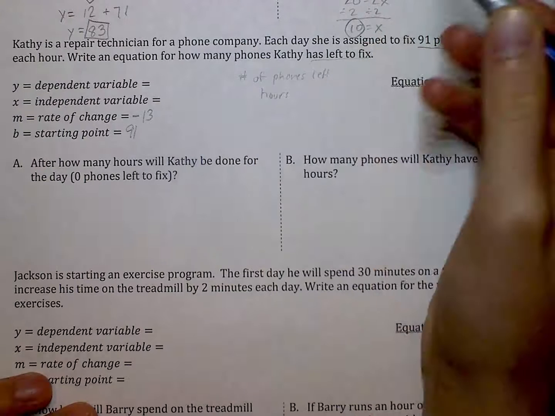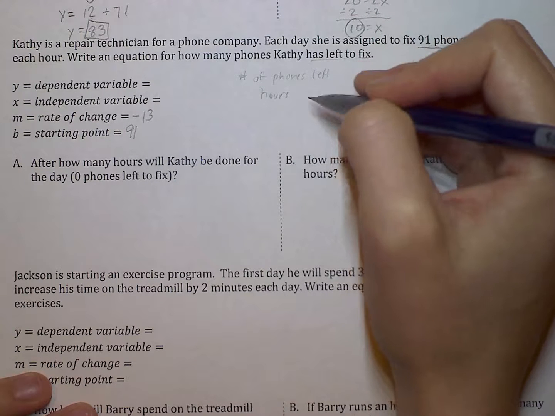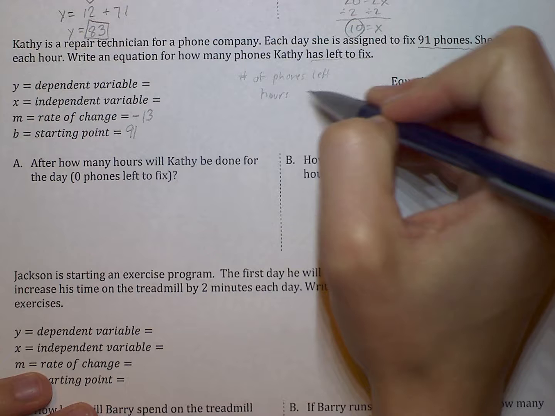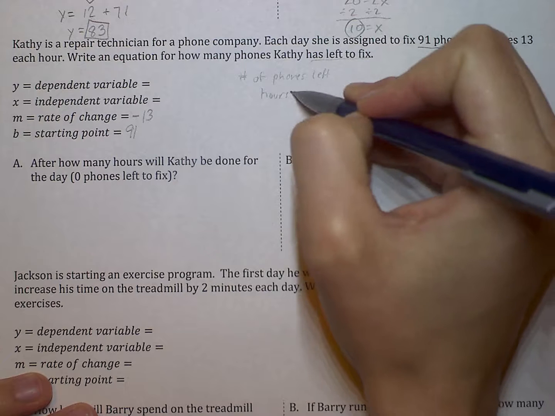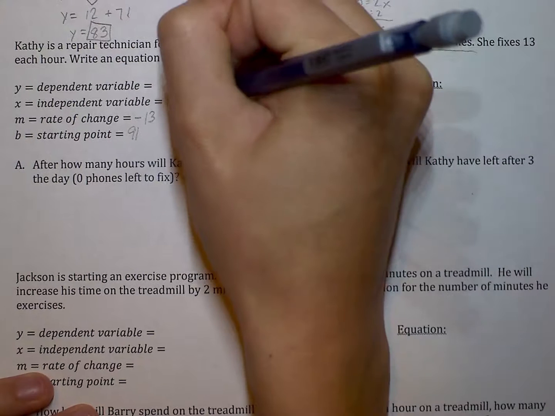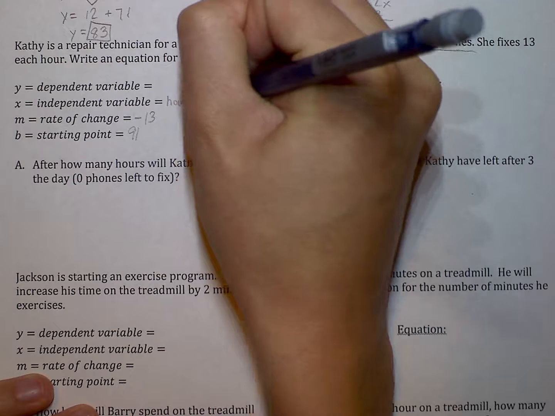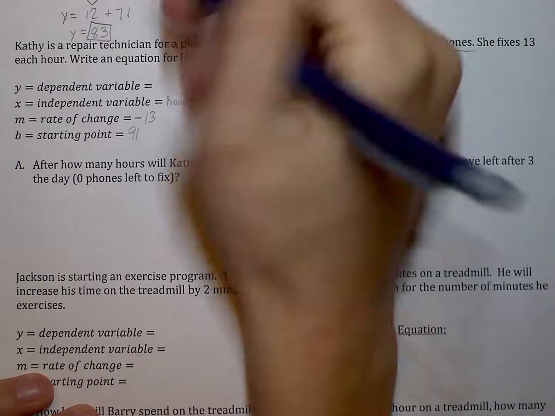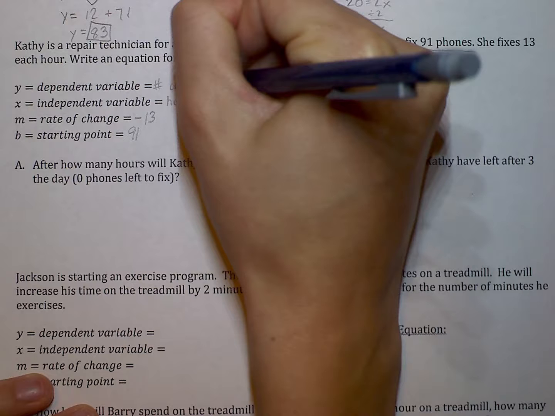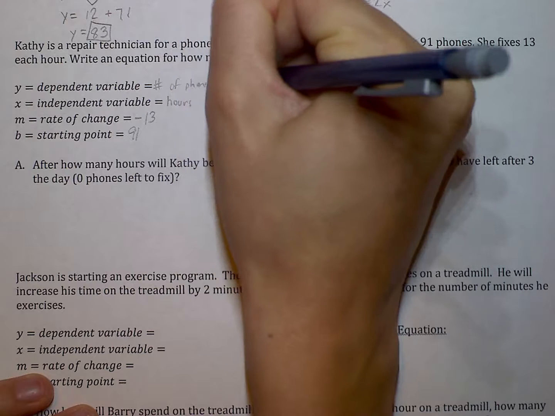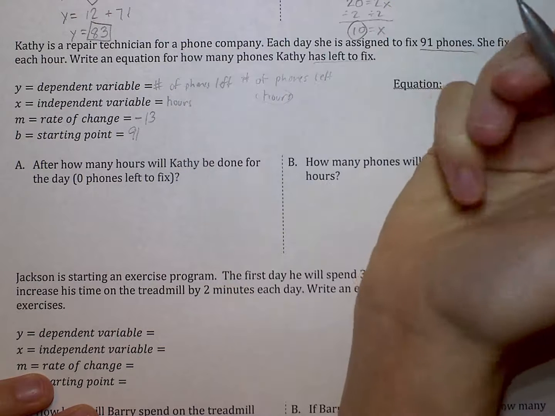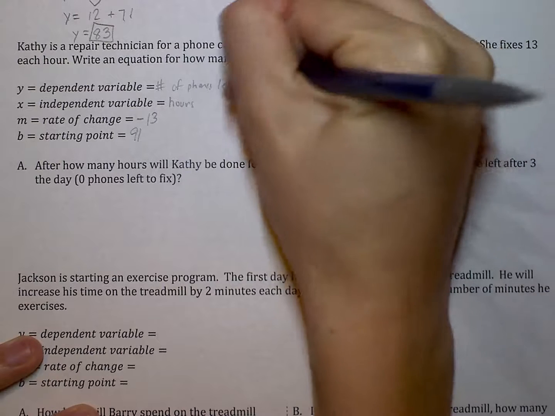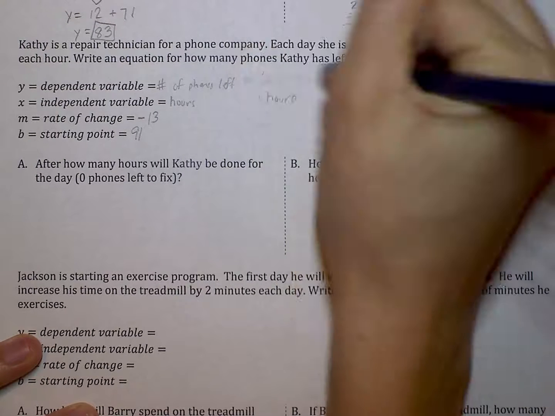Okay, and remember, we don't even have to think too hard about this one because we know that time is always an independent variable, right? So hours is a unit of time. So we know right away, hours is going to be our x, the independent variable. And the number of phones left is going to be our y, our dependent variable. Because hours passing can't be affected by anything, right?